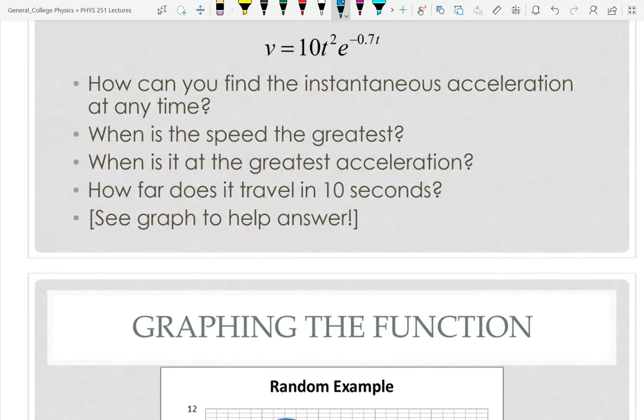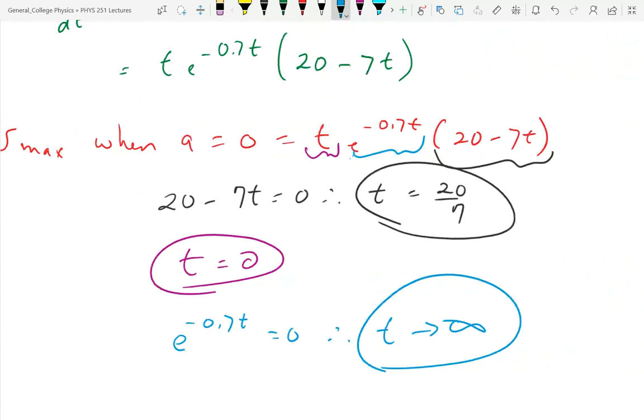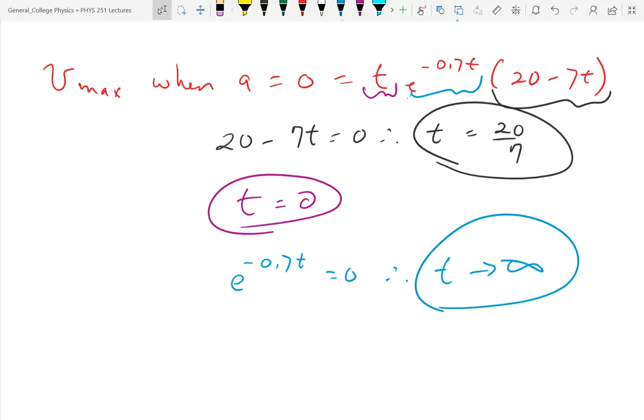So we have calculated when the speed's the greatest. We haven't calculated when it's at the greatest acceleration yet. So how would I find the greatest acceleration? A max when?